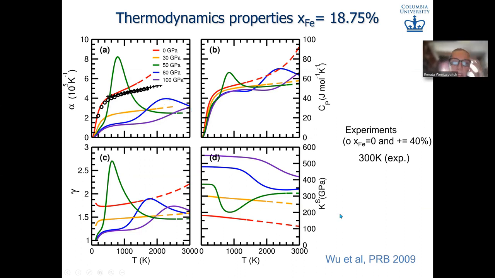Anomalies also exist in all thermodynamic quantities. This is a very important one. Bulk modulus at 50 GPa: if you increase temperature, the bulk modulus will decrease with increasing temperature, and then will increase again. This is a very important anomaly. Remember that we are trying to figure out what's the consequence of this phenomenon for seismic velocities and what we see in the mantle, right?